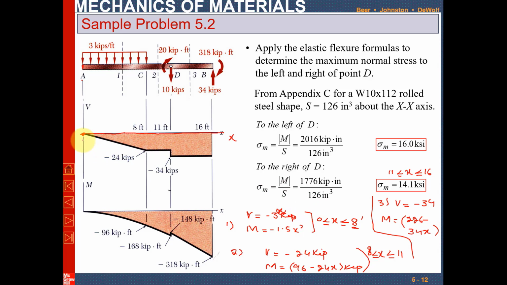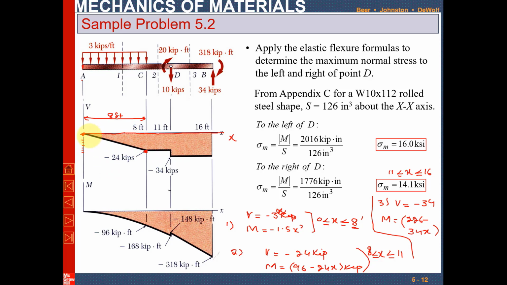So if you draw it according to the scale and locate minus 24, let this be minus 24 at point C, over the distance of 8 feet. So this is 8 feet. Clear? So you have minus 24.